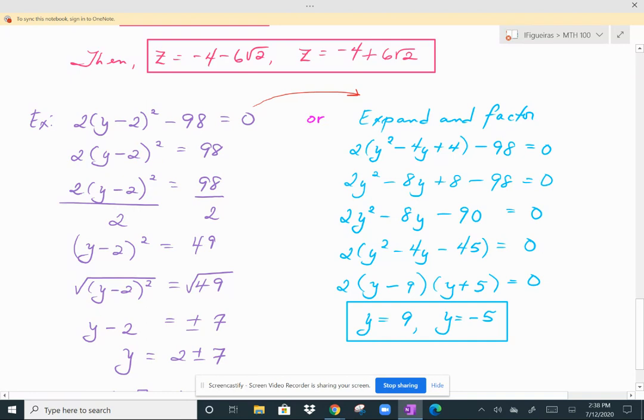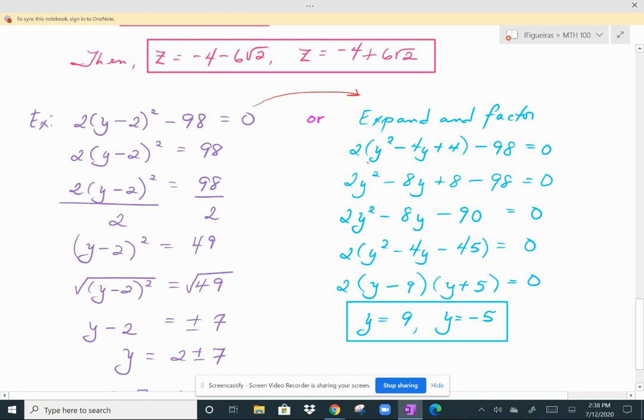So here, first I expanded, which means I squared this first. Because remember, if I want to solve this by factoring, I need it to be in standard form. All of my terms on one side with pluses and minuses in between, the whole thing set equal to 0. So that part is good. It's already set equal to 0, but on the left side, it doesn't quite look right.